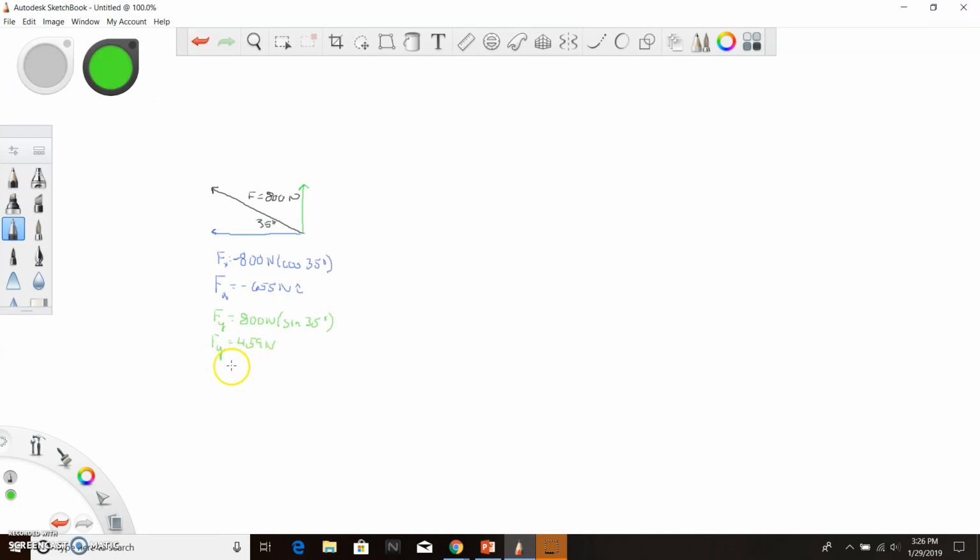Now I can put this into vector notation. If I want to say vector F, let's go back and change color. Vector F, and I'm going to put a little arrow above this so we know we're talking about a vector.